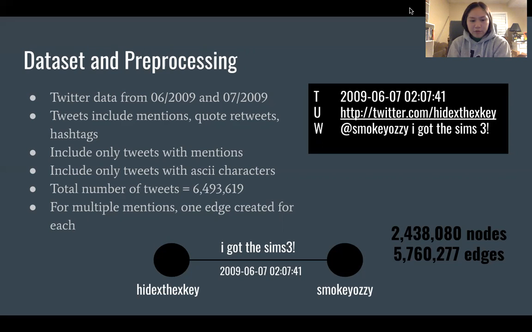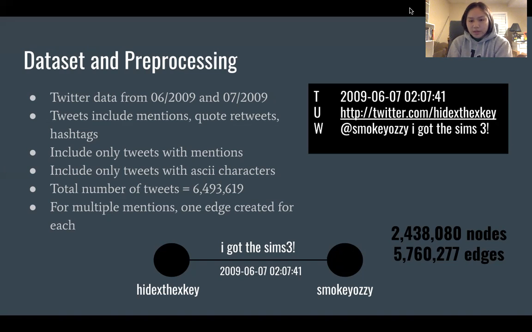After this, there were 6,493,619 total tweets. For multiple mentions, where a user is replying to more than one person in one tweet, an edge is created for each mention. On the right is an example of what the data looks like.